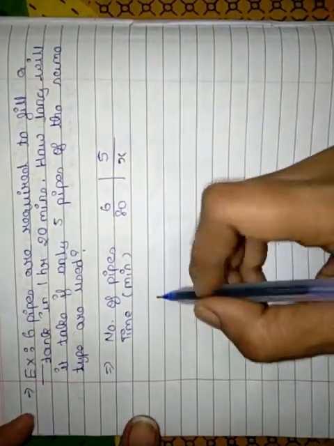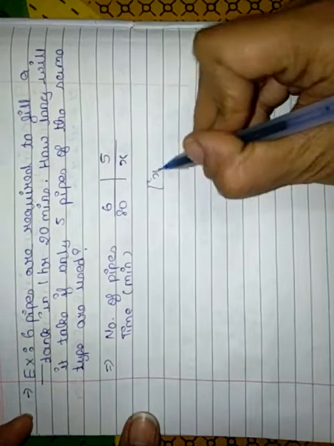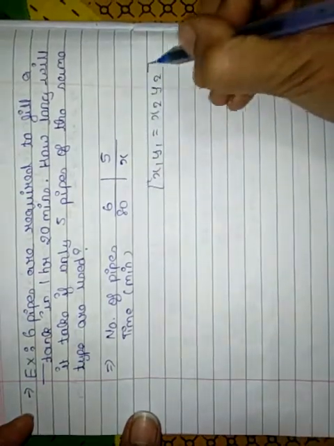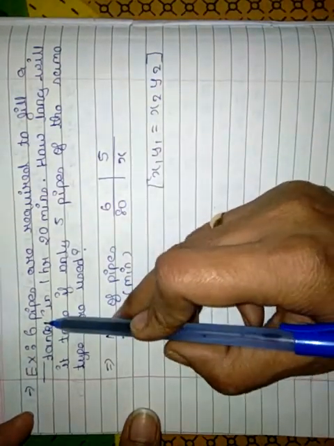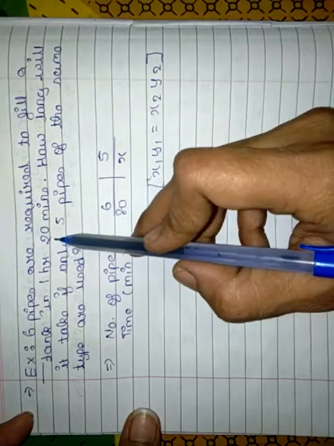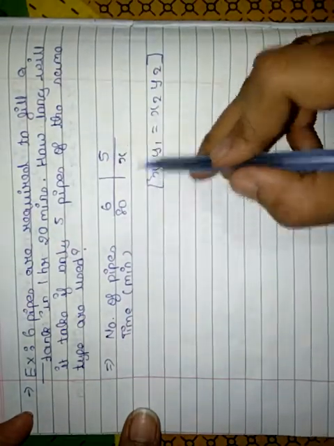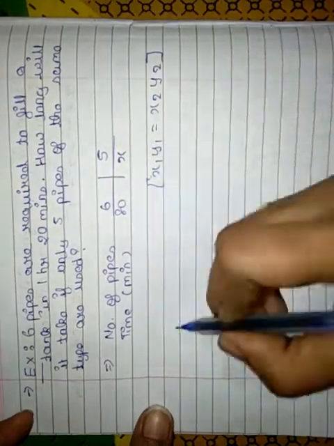So according to our inverse formula, what was our inverse formula? It was X1 Y1 is equal to X2 Y2. Here it will be inverse, because as the number of pipes increases, the time will decrease. So here the pipes are decreasing, so the time will increase.